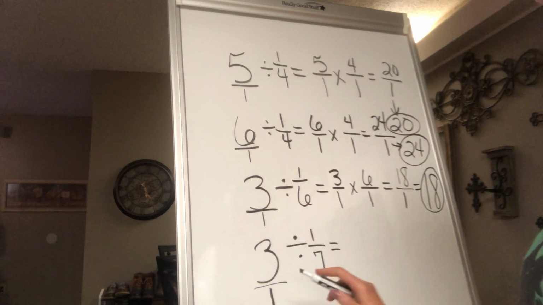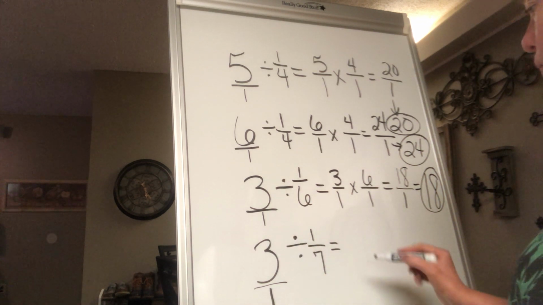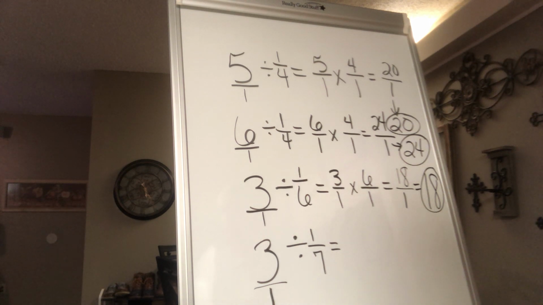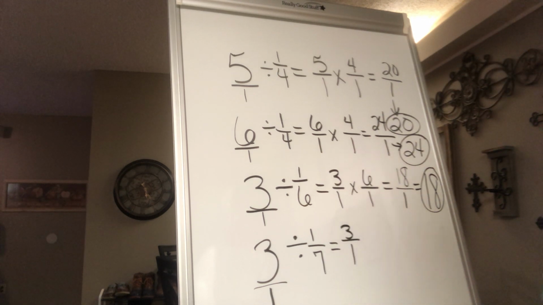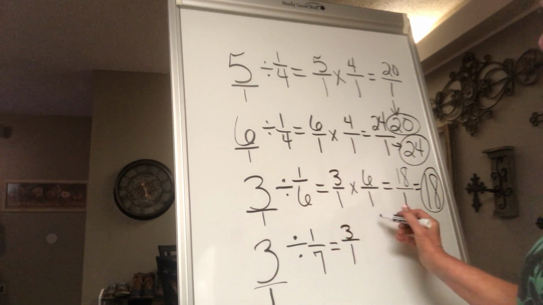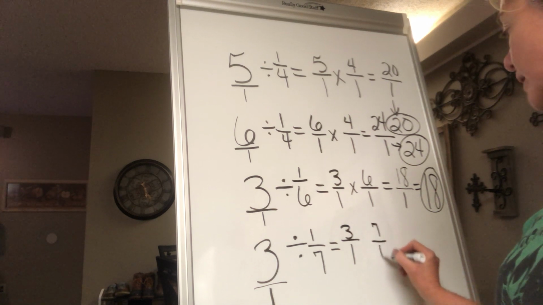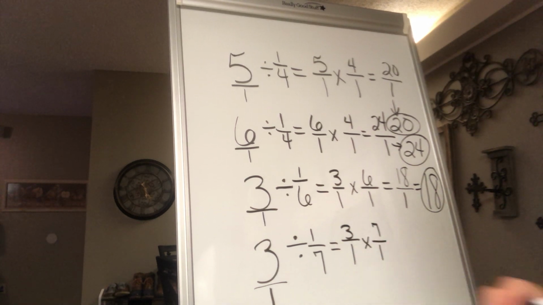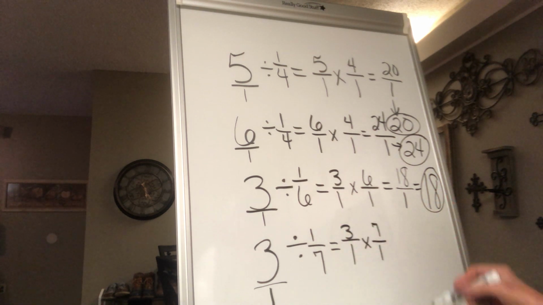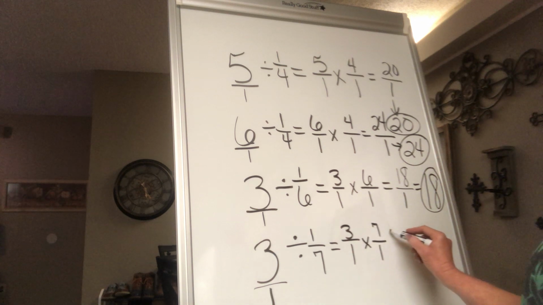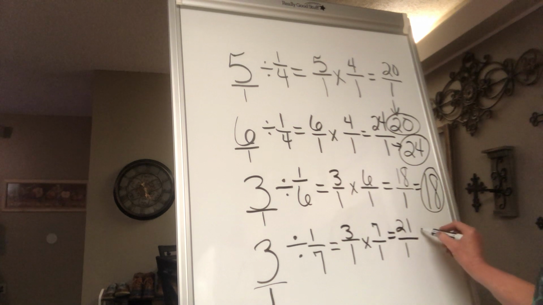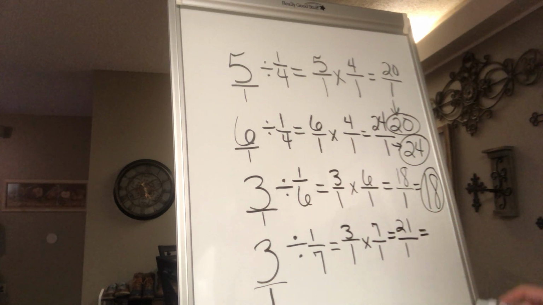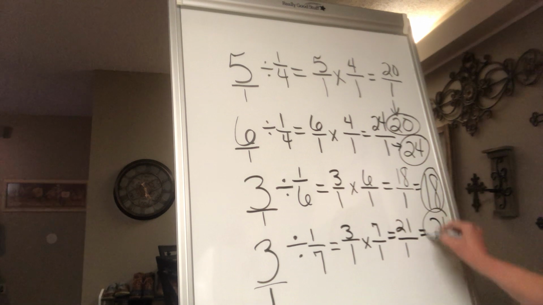We know that we make our whole number a fraction by putting it over 1, and we follow our rule of dividing fractions. We slide the first one on over. We flip or get the reciprocal of the second one, and then we multiply, because dividing by 1/7 is the same as multiplying by 7. 3 times 7 is 21. 1 times 1 is 1, and 21 over 1 is equal to 21.